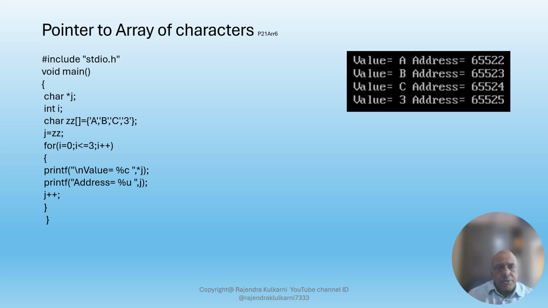Then pointer to array of characters, a small program. char zz is the array of type char declared with a, b, c and 3 as the constants assigned to the elements of the array.